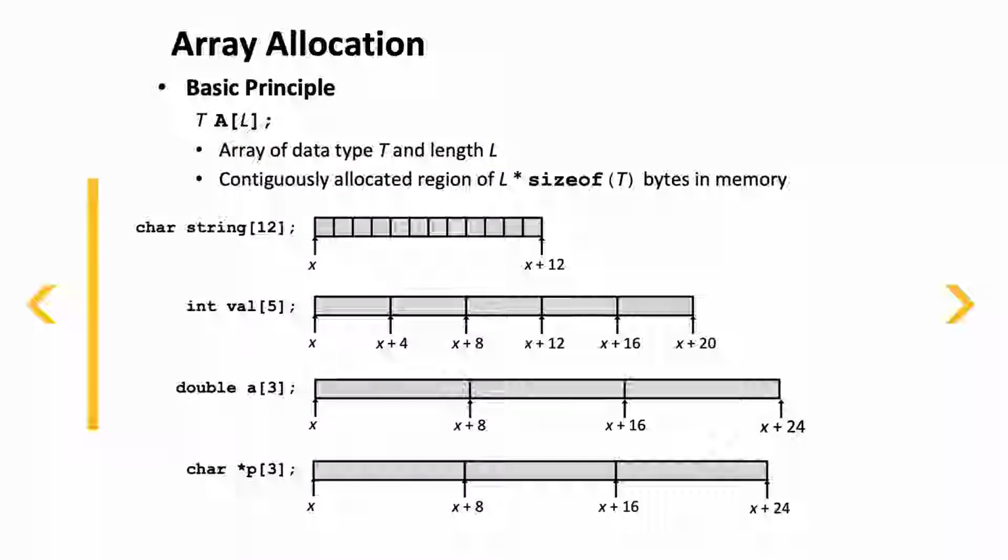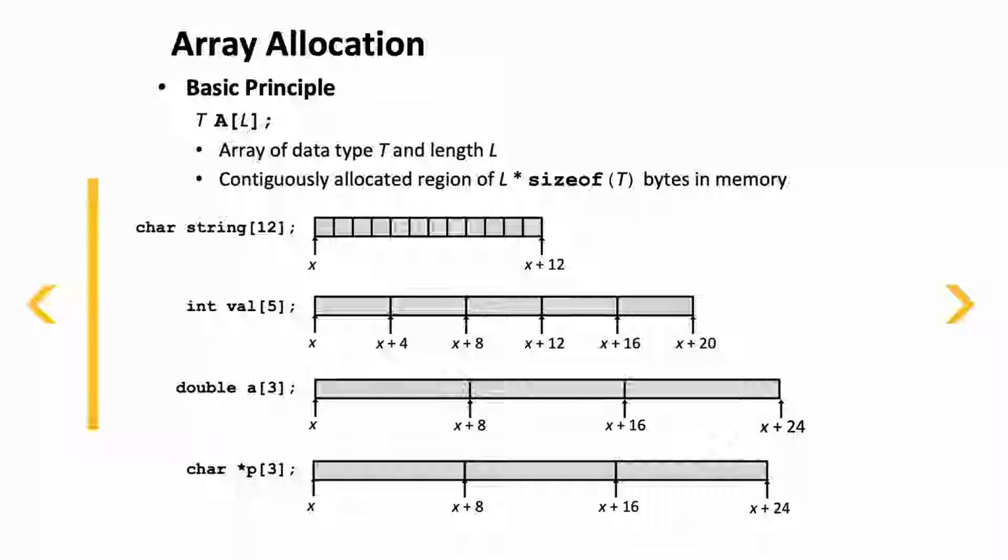And that's going to end up being a contiguously allocated region of L times the size of T bytes in memory. So just however many of whatever type of thing we have, multiply that by the size in bytes of that type. That's how much of memory we're going to allocate. And for an array, that memory is always going to be contiguously allocated.